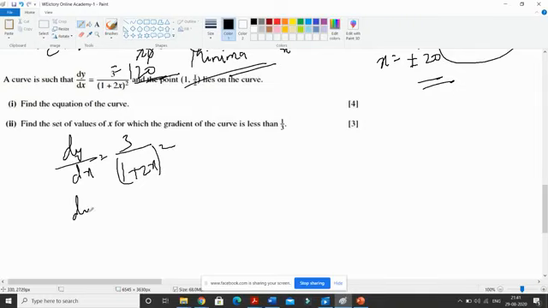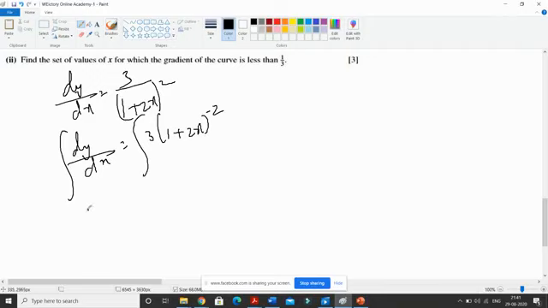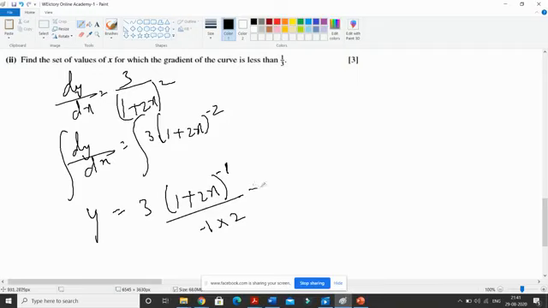So you can write this as 3 times 1 plus 2x raised to the power minus 2, and just integrate both sides, and you will get the value of y. So y equals 3 times 1 plus 2x raised to the power minus 1 over minus 1, multiplied by, because the coefficient of x is 2, that's how we need to divide by 2, plus c.